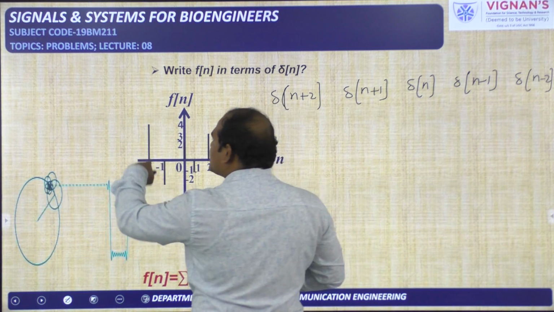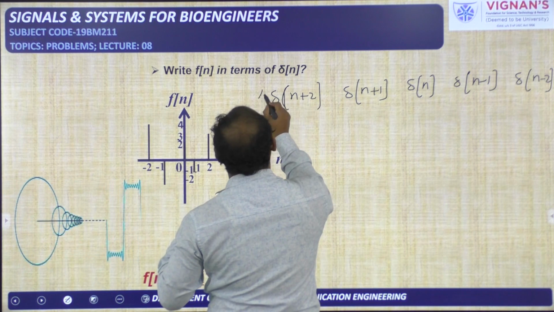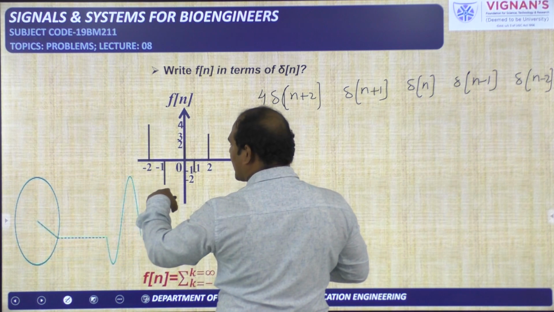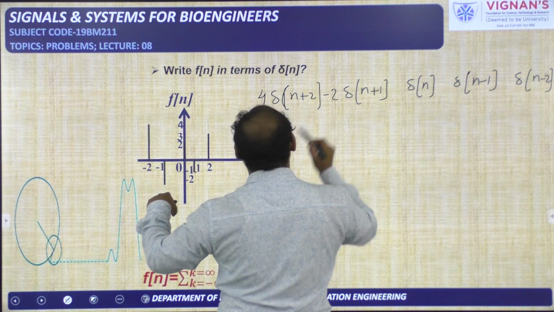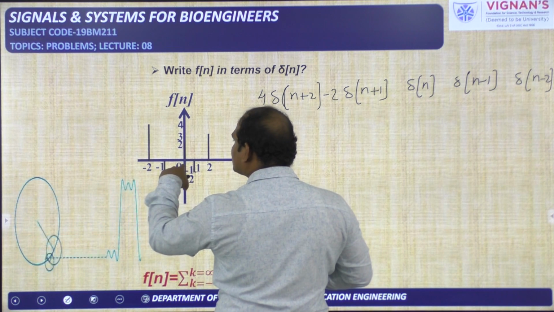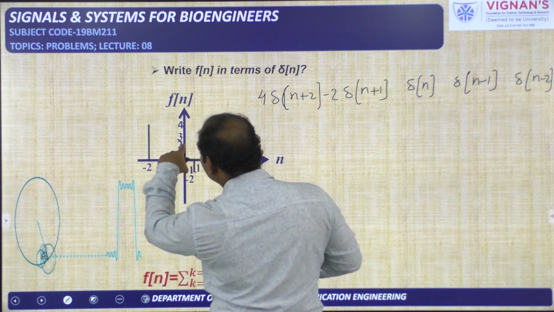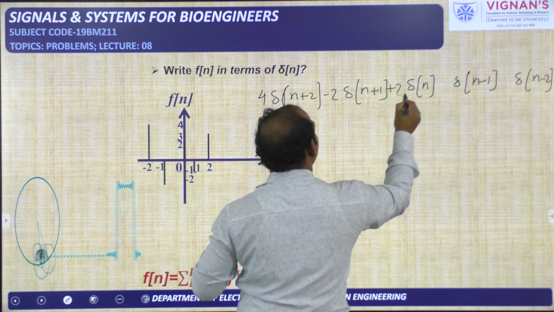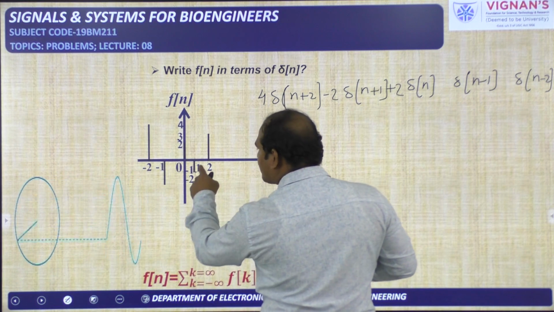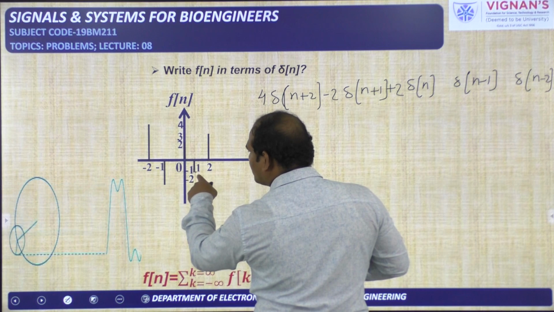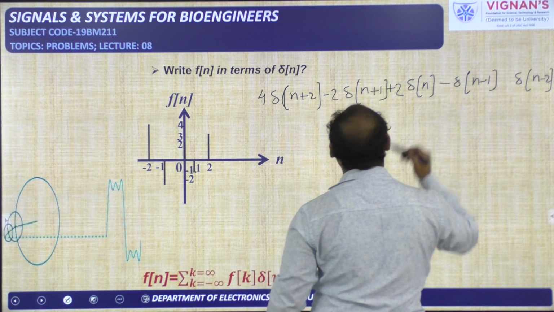But this first sample has an amplitude of 4, so you take here 4. Second sample has an amplitude of minus 2, so you take here minus 2. Next sample, which is at n is equal to 0, has an amplitude of 2, so you take here plus 2. Next sample is available at n is equal to 1 with amplitude minus 1, so you take here minus 1.